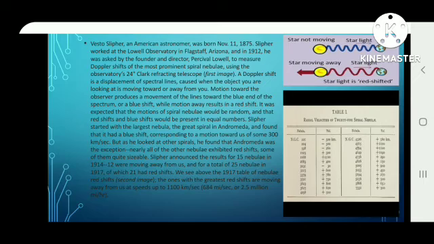The ones with the greatest red shifts are moving away from us at speeds up to 1,100 kilometers per second. Okay, so that is equivalent to 684 miles per second or 2.5 million miles per hour.